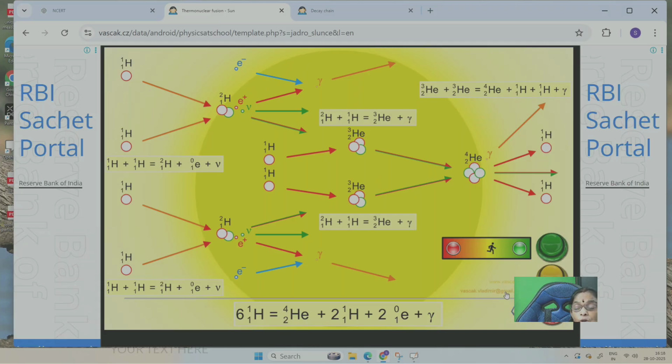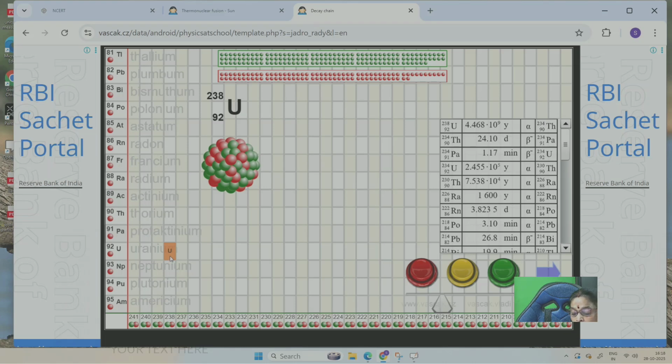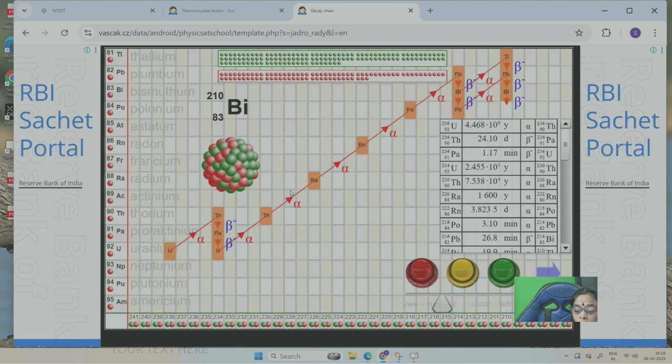Do you understand, children? So likewise, the decay chain, uranium decay chain. You can see here uranium, thorium, then again beta particle, then again emission of alpha particle, thorium, radium.